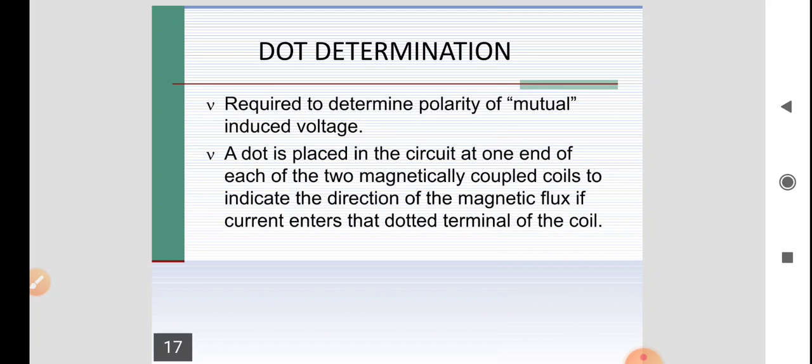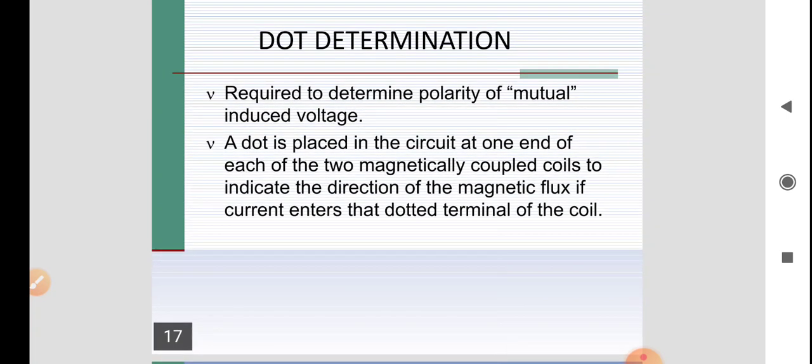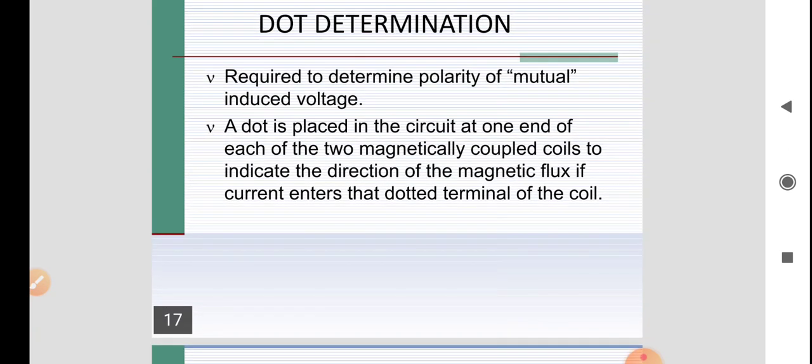The dot convention is used for indicating the direction of winding of the mutually induced voltage. In order to understand the concept of dot convention, we must know the two rules of dot convention. This is basically used to identify the direction of the mutually induced voltage winding.